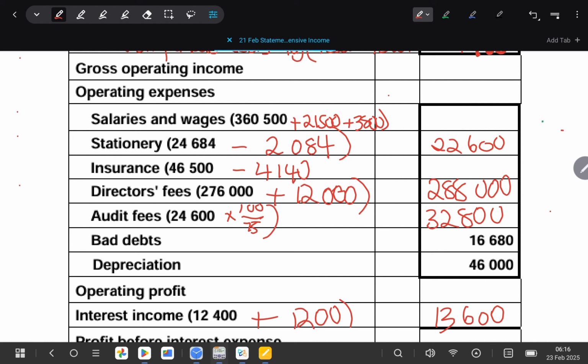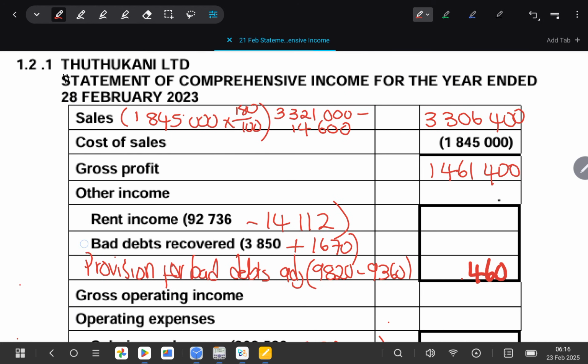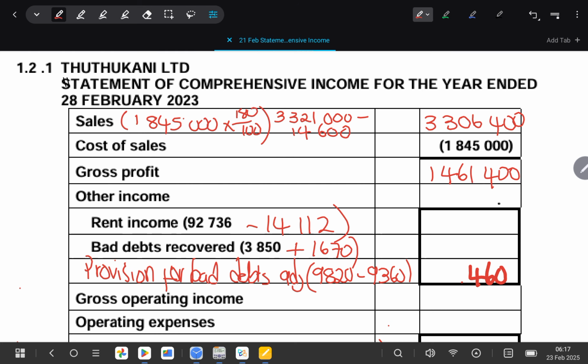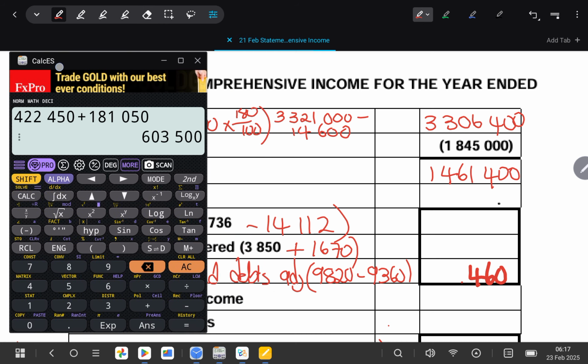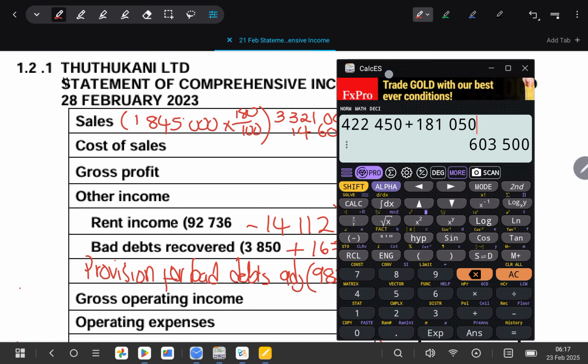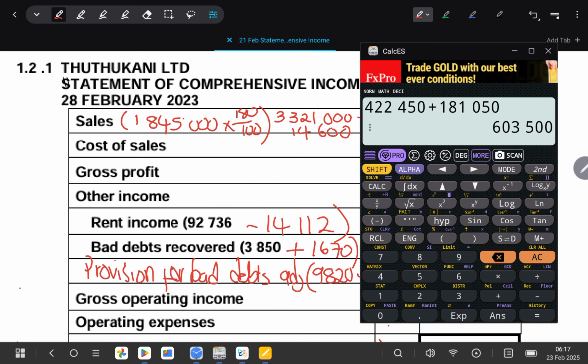So let's start with our rent income. In terms of our rent income, remember we are going to say 92,736 minus 14,112. 92,736 minus 14,112, we are left with 78,624.